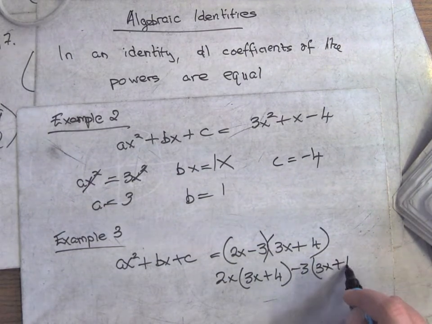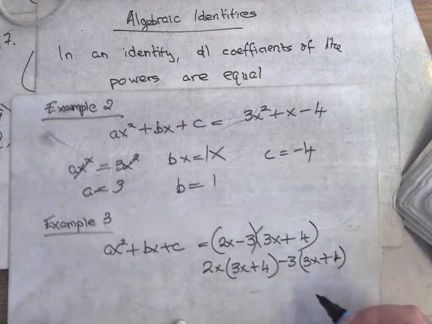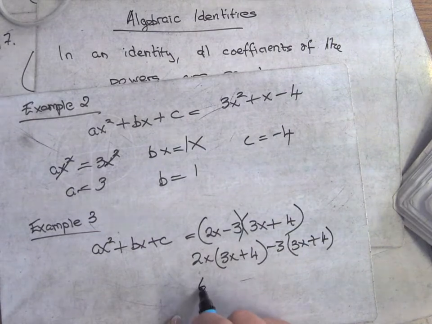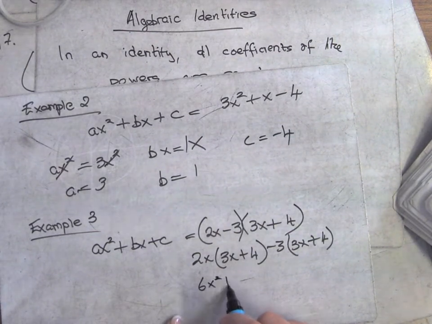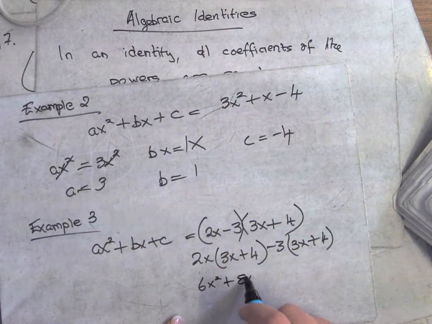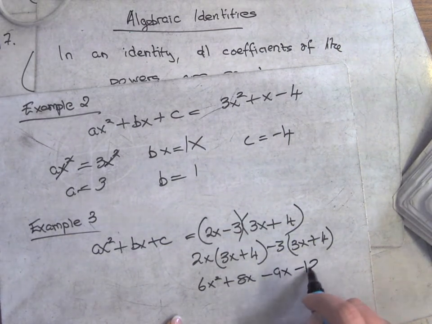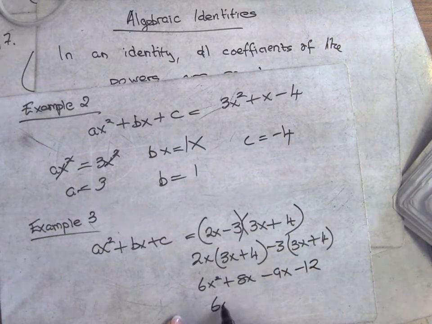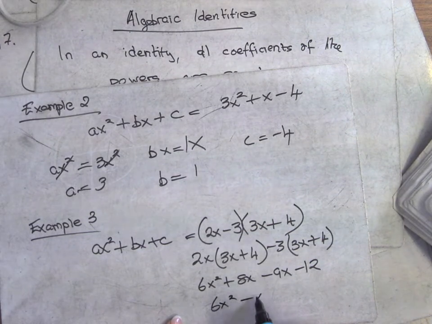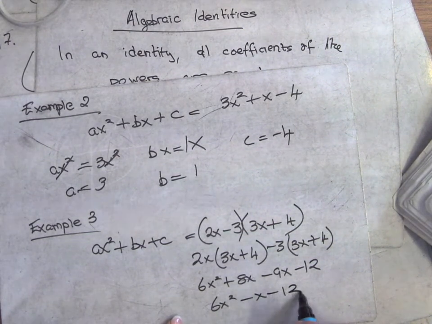That's the last time I'll write down an expansion. I'll just go straight to the multiplying. Okay, so 6x squared plus 8x minus 9x minus 12. So that's 6x squared minus x minus 12. Is that okay?